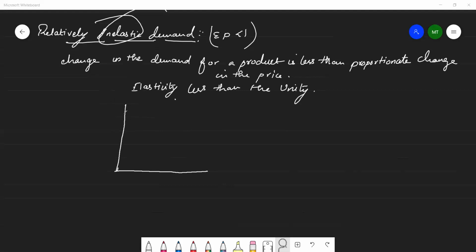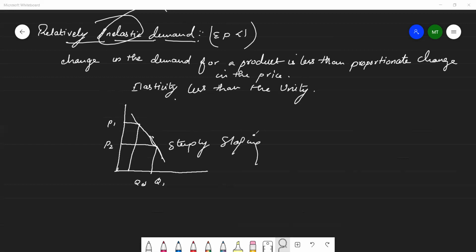Okay. So first the Q0, Q1. Next P2, then P1. So Q0 first at the P2, Q1 on the curve will be slab down. Okay, so this is steeply sloping. So EP less than 1.